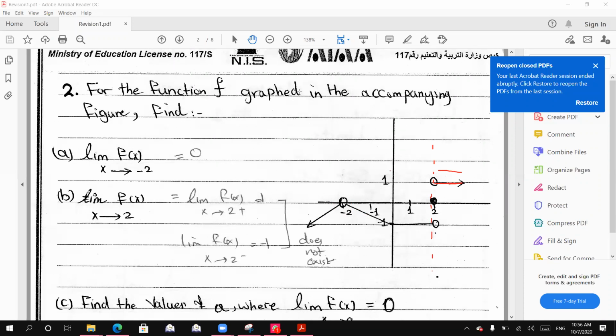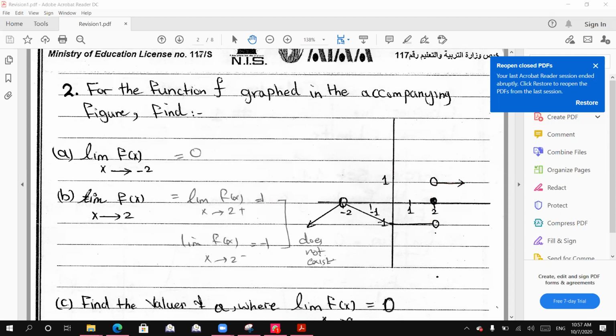This line only. It's touched from point 1. So I can say limit f of x at x approaches 2 from the right is equal 1. And limit f of x when x approaches 2 from the left, from here, it's -1. So I will say that the limit does not exist.